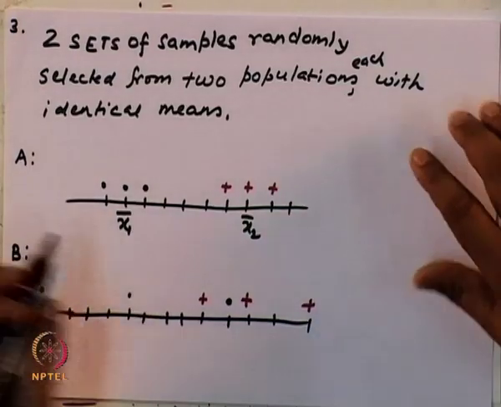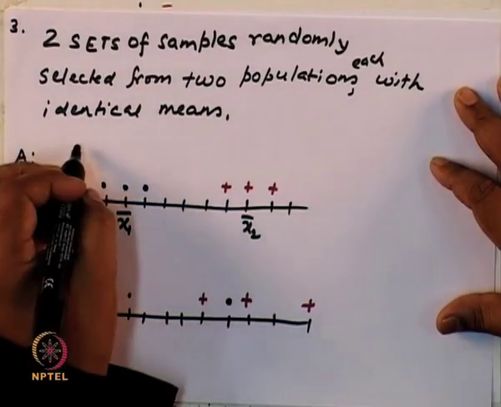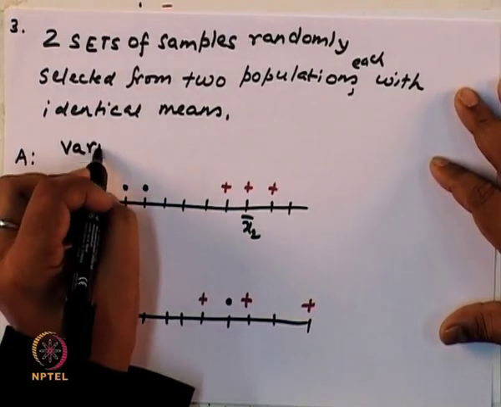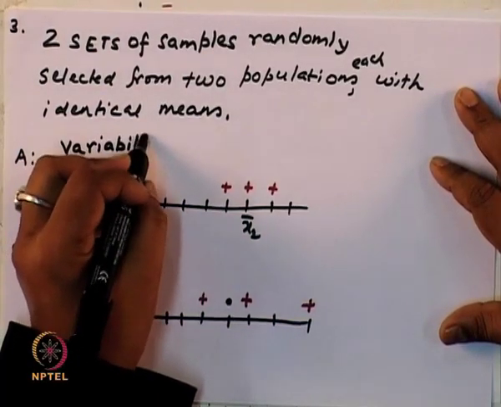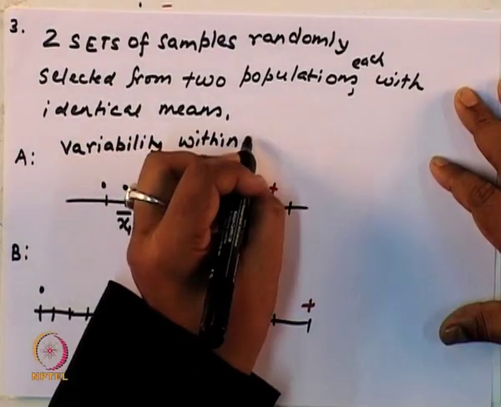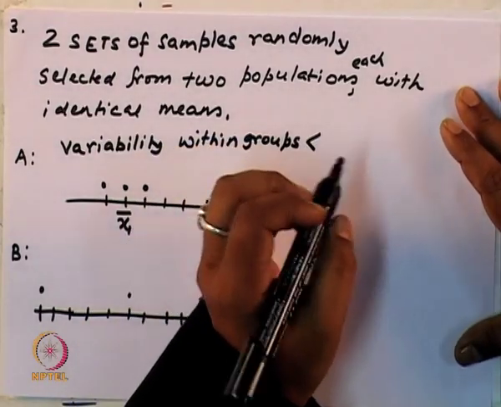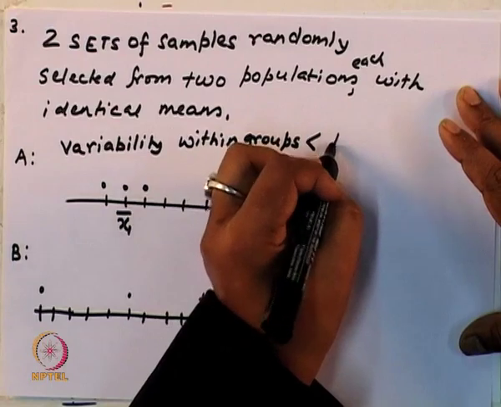What you observe is that in situation A, the variability within the groups is much less than between groups.